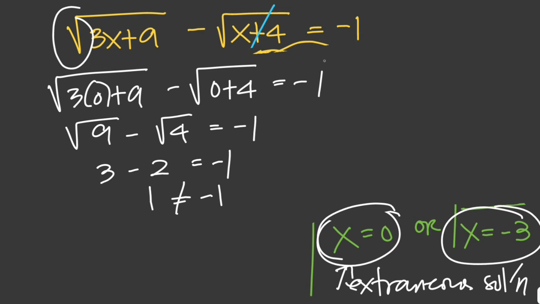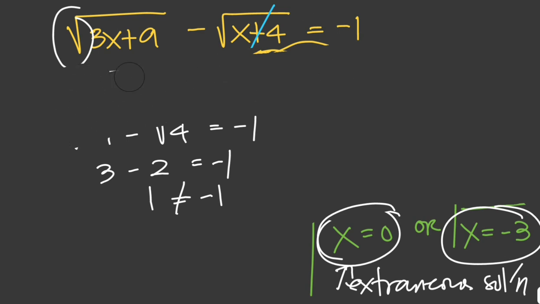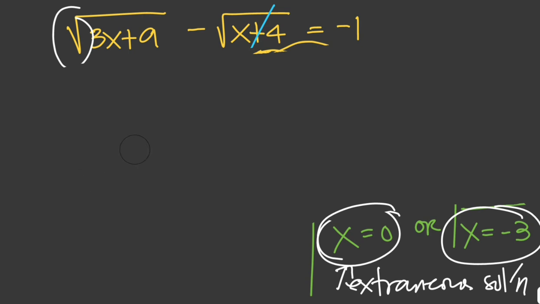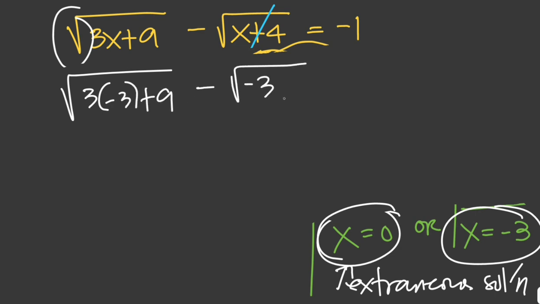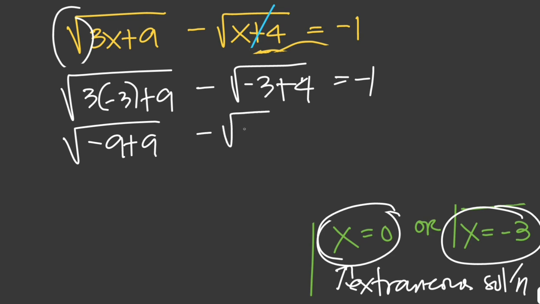How about x equals negative 3? So let's plug in negative 3 to the problem. That would be square root of 3 times negative 3 plus 9 minus square root of negative 3 plus 4 equals negative 1. So this is square root of negative 9 plus 9 minus square root of 1 equals negative 1.